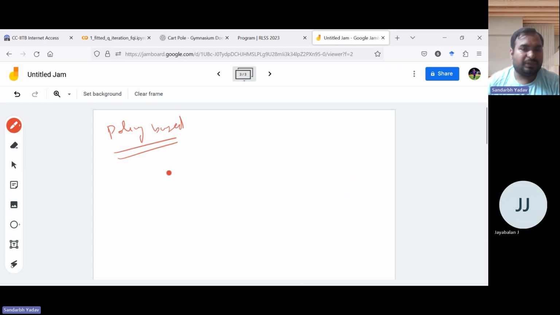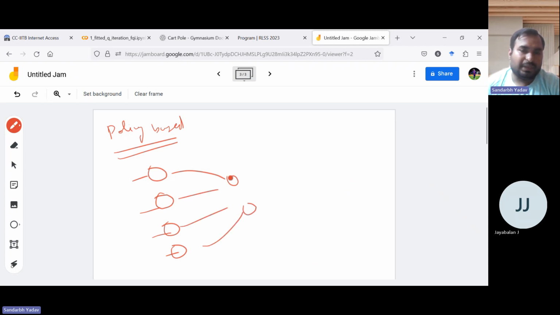In policy-based approaches, you will pass these features through all those hidden layers, and in the end, suppose we have two actions, it won't return a Q value. It will return maybe a sigmoid between 0 and 1, and you can directly learn which action to take. So this is a one-step process.